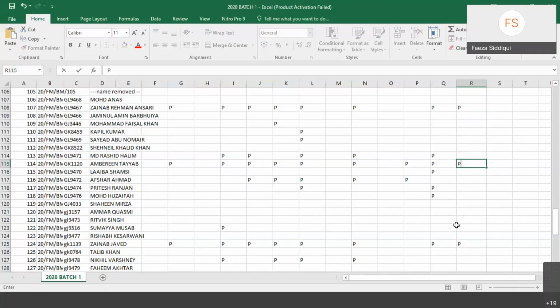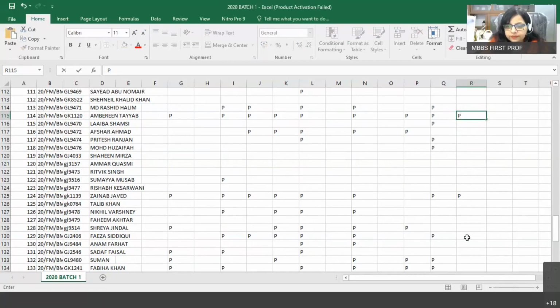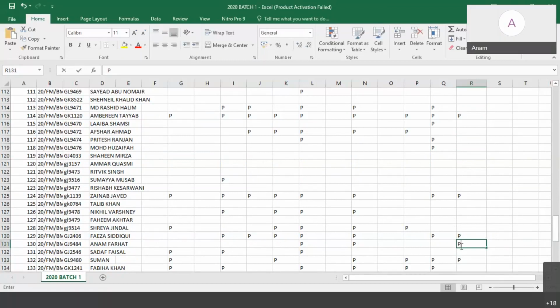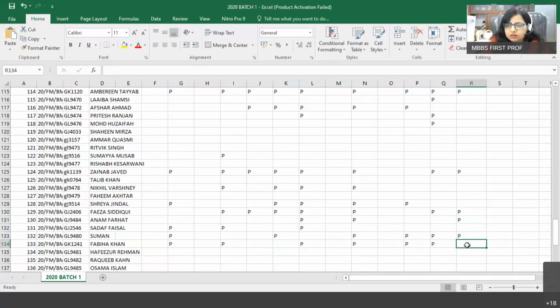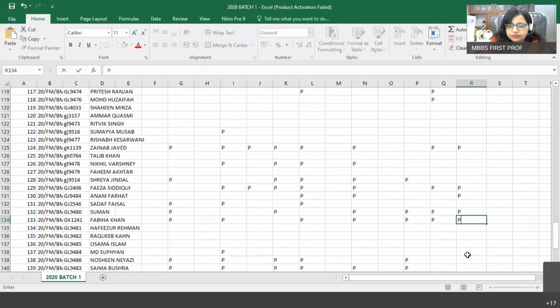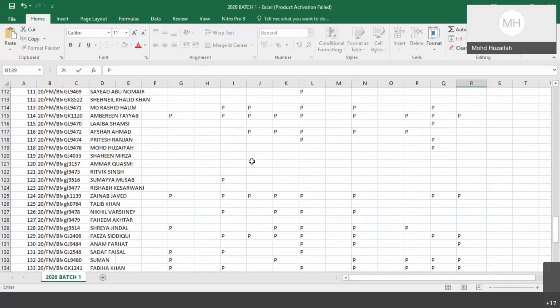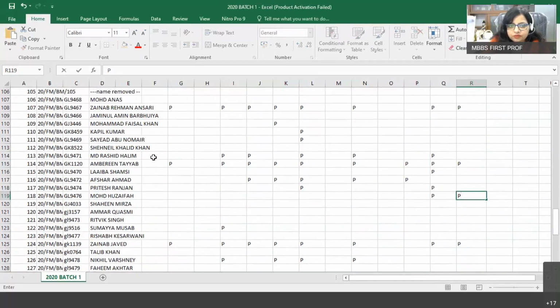Ma'am, 129, Faiza Siddiqui. 130 is Anam Farhat. 132, Suman. 133, Fabeha is present. Who else? Naushin Niazi is there. Ma'am, 118, Mohammad Huzaifa. And 113, Rashid Haleem. Who else?